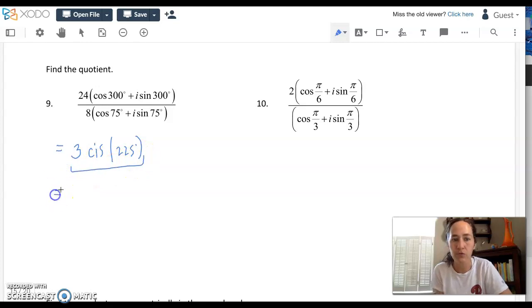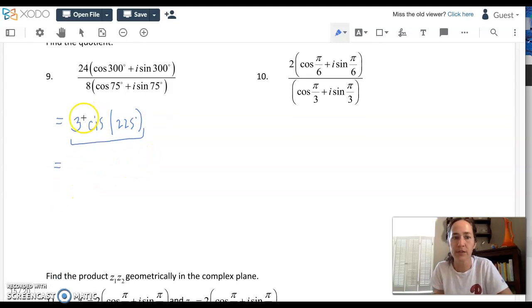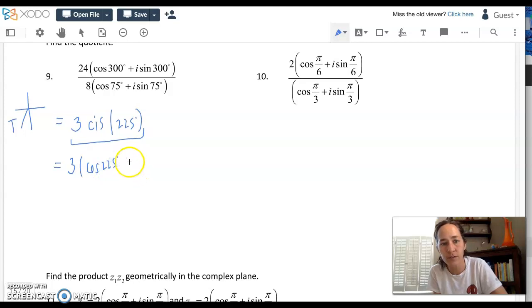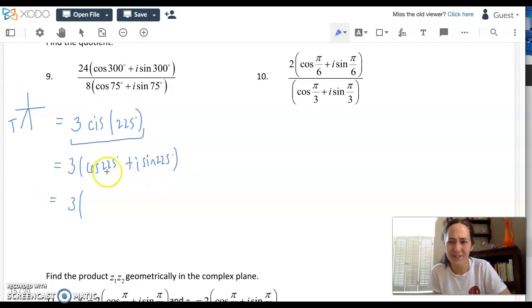We want to get some more practice converting this to rectangular form and making sure that we get what? 225. We get a quadrant 3 solution where only tangent and its reciprocal are positive. Let's write it out, long format. Cosine 225 degrees plus i sine of 225 degrees, like that. Well, these are the exact same number, right?